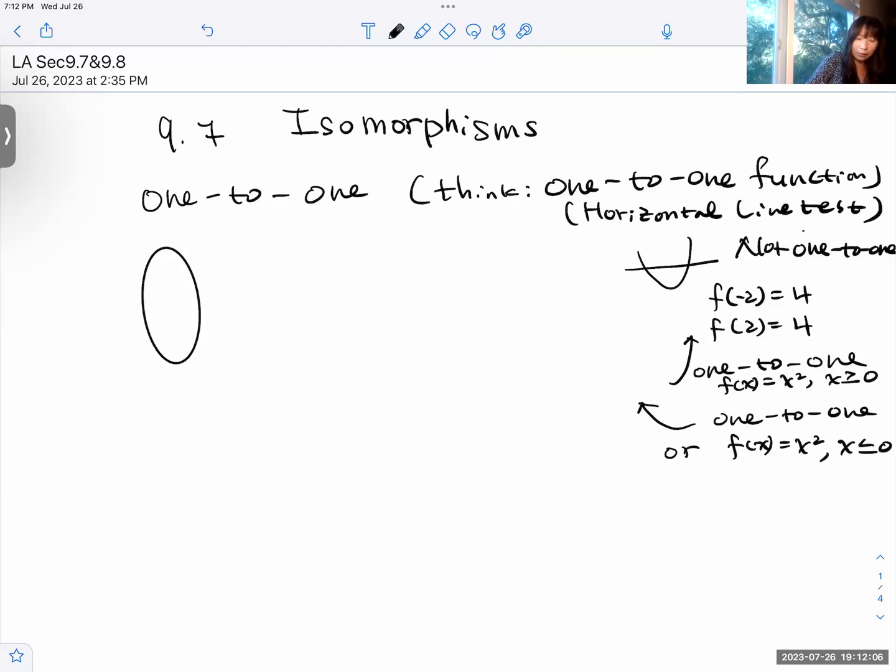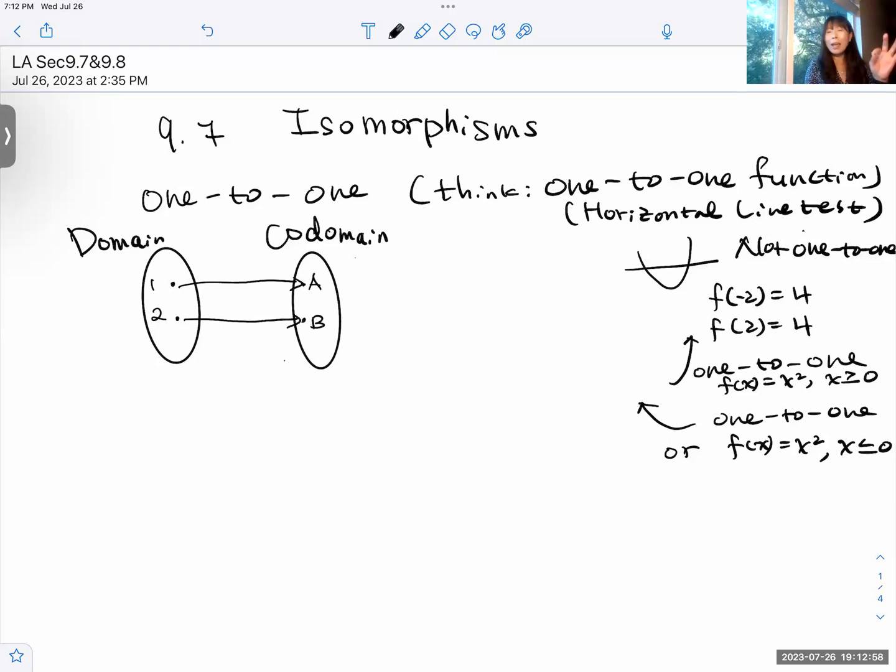So for instance, if we have a domain here, and a codomain. 1, 2, send it to A, B, right?